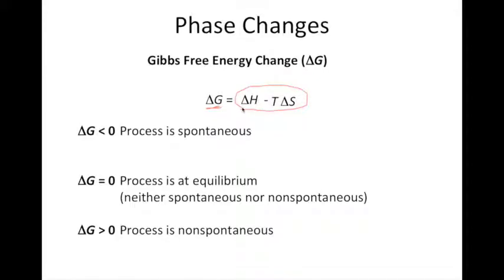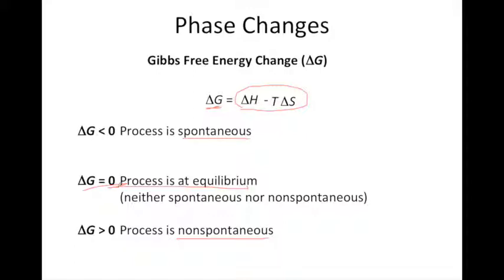But for the delta G value for that process, if delta G is negative, that process will occur spontaneously. If delta G is positive, then that process will not occur spontaneously. If a process is at equilibrium, then delta G is equal to 0. And that's true for a phase change or anything else, any chemical reaction.